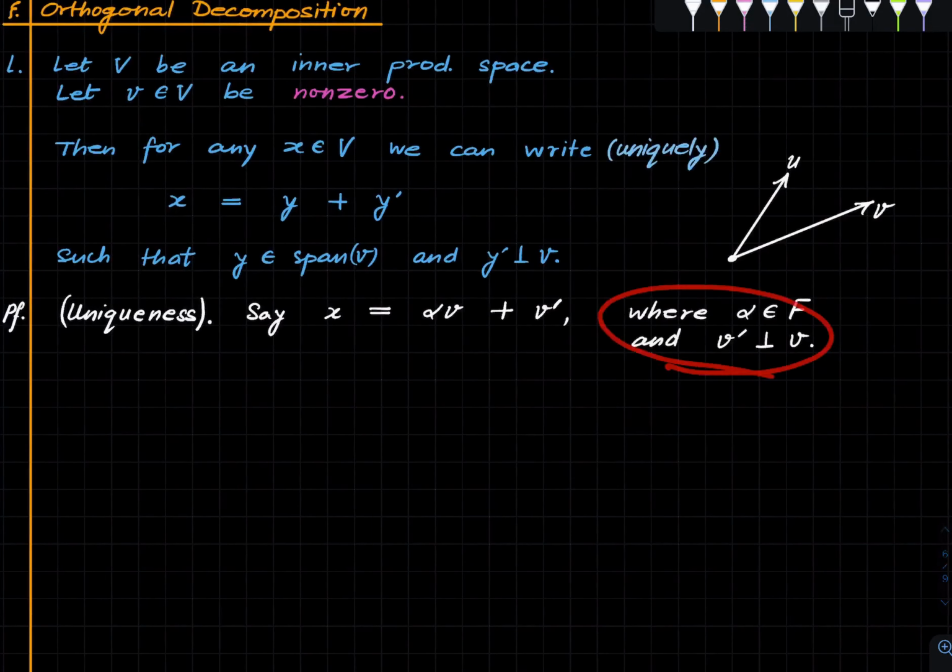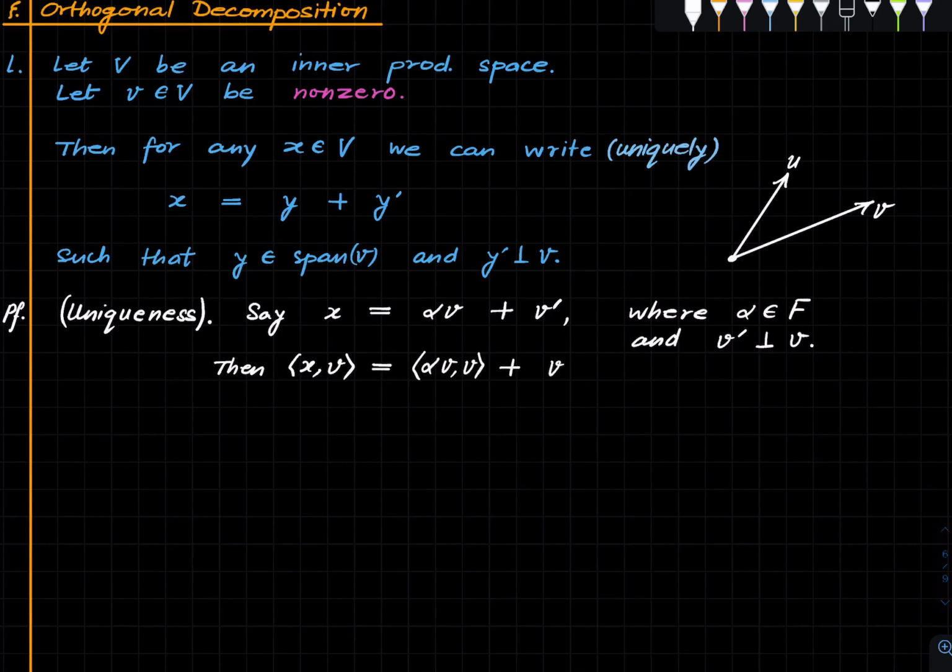So suppose x is written in this fashion, where alpha is some scalar and v prime is orthogonal to v, then just dot both sides by v. And what is this guy? This guy is 0 simply because v prime is orthogonal to v.